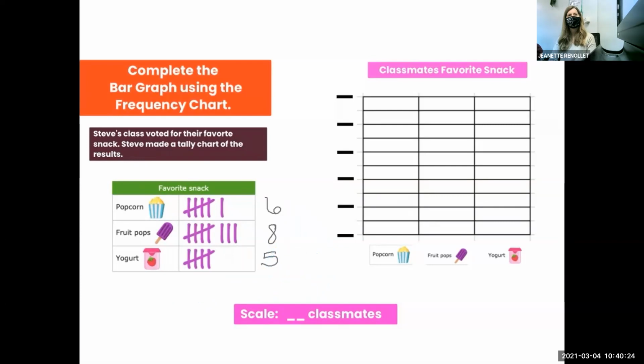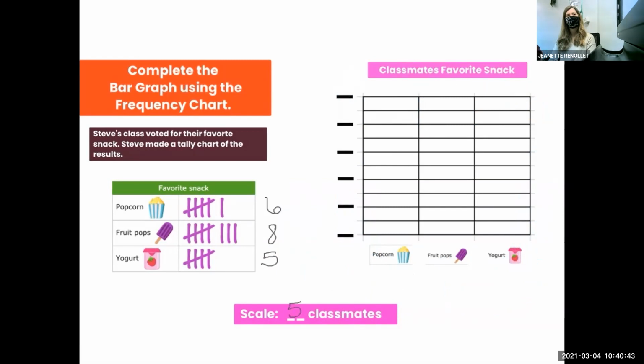So I'm going to come here and remember, we've got our categories across the bottom, popcorn, fruit pops, and yogurt. We've got our title. We've got the place for our scale and numbers on the side. And right here, I said I'm going to do a scale of 5.